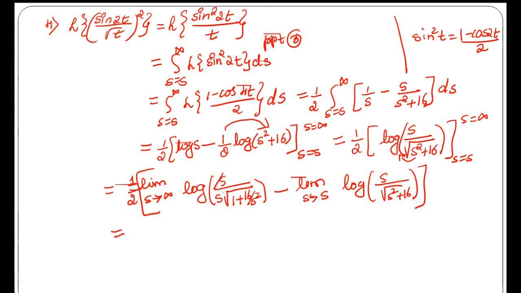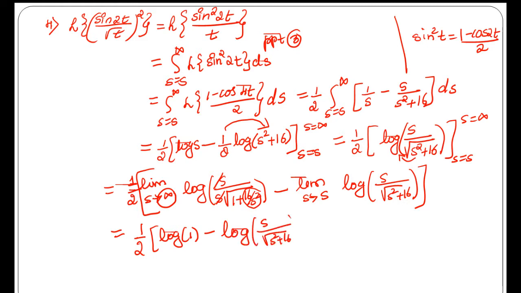Now s gets cancelled. Applying s equal to infinity, 16 by infinity becomes 0, so you will get 1 by 2 as it is, log 1 minus log of s by root of s square plus 16, and the value of log 1 is 0.